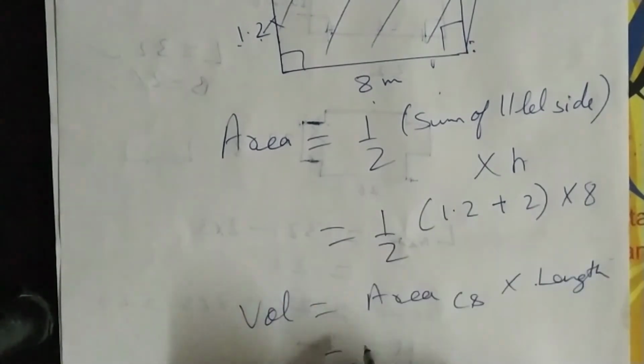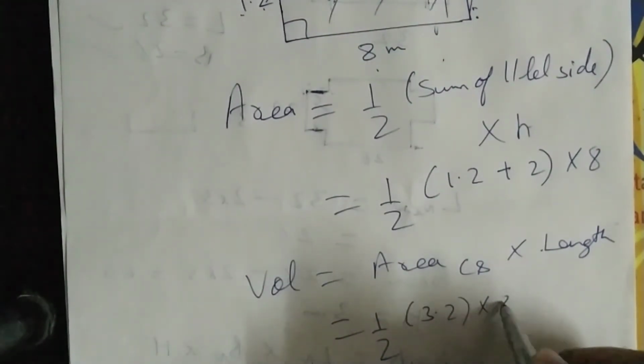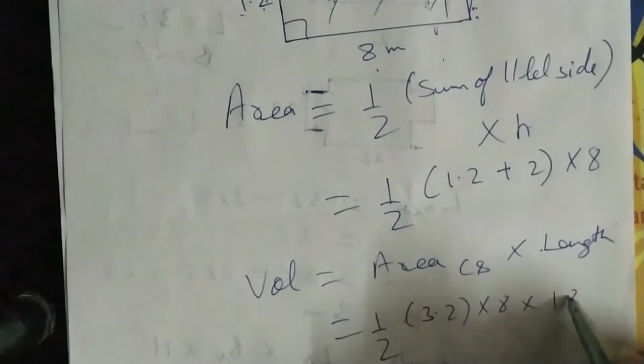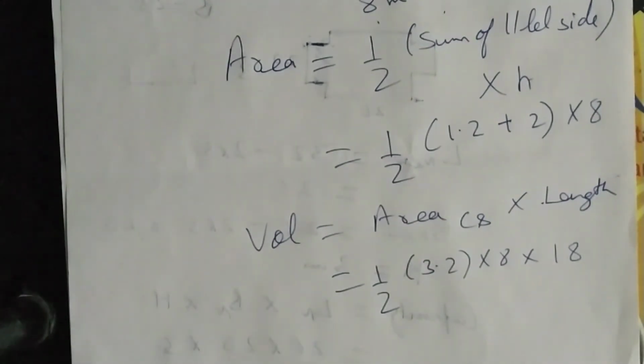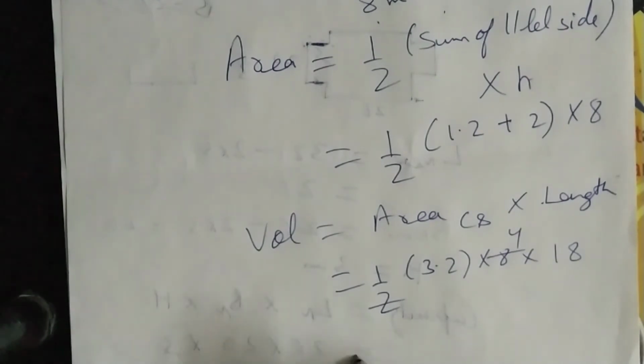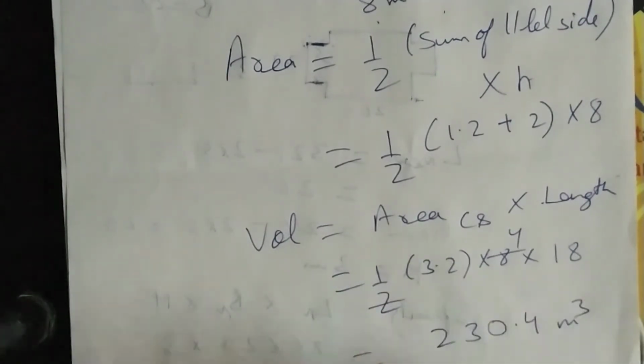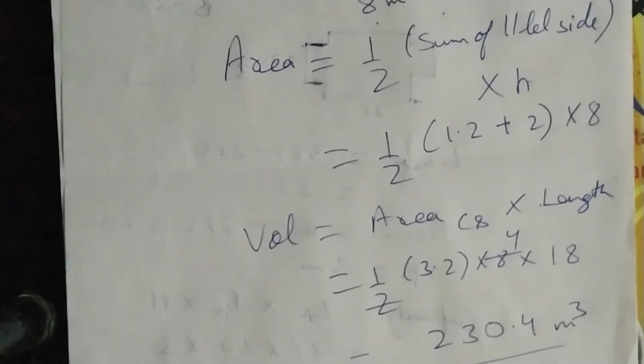That is 3.2 multiplied by 8 multiplied by 18. On calculating this we will find our answer, which is equal to 230.4 meter cube. So this is the capacity of that particular swimming pool.